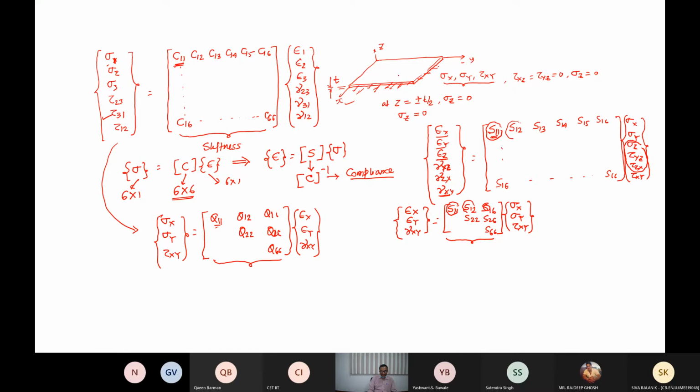Now when it comes to a lamina, if you are considering the principal direction, that means where the fibers are, this is 1, this is 2.